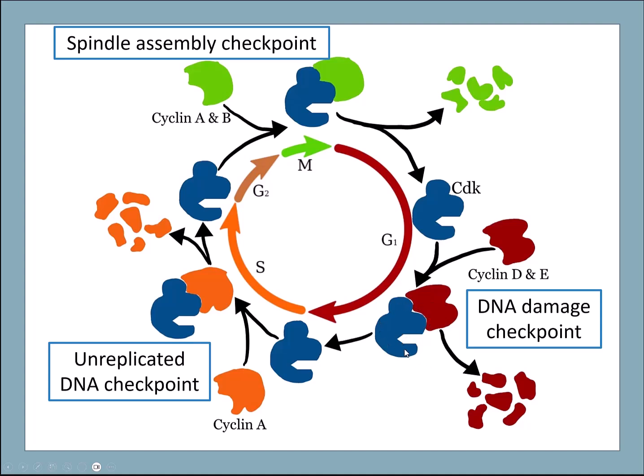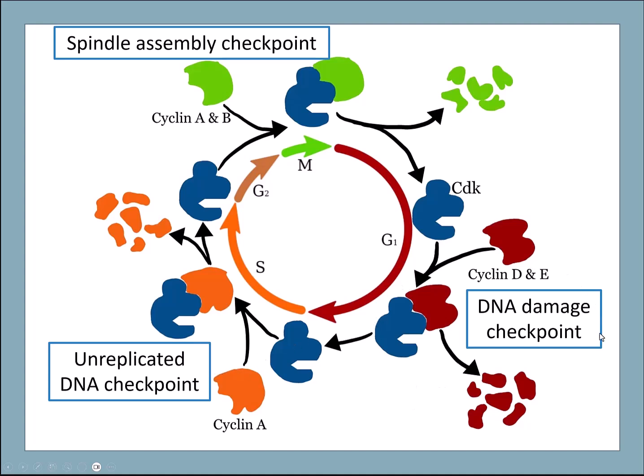So this is a good progress point for the cell cycle. And then after that checkpoint is passed, the cyclins degrade, and CDK can be used with a different cyclin.